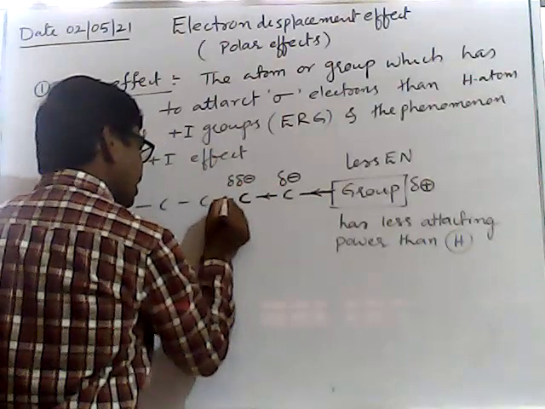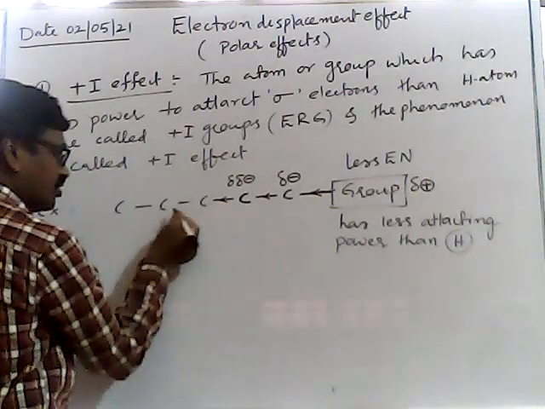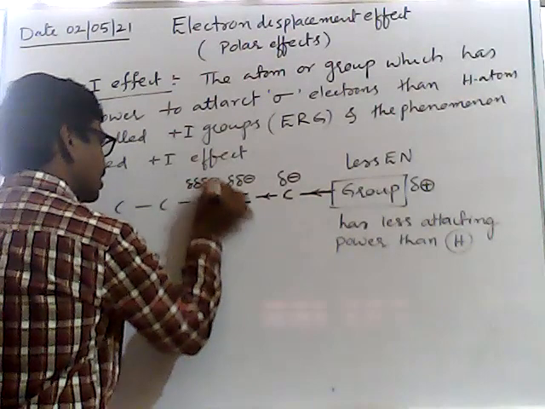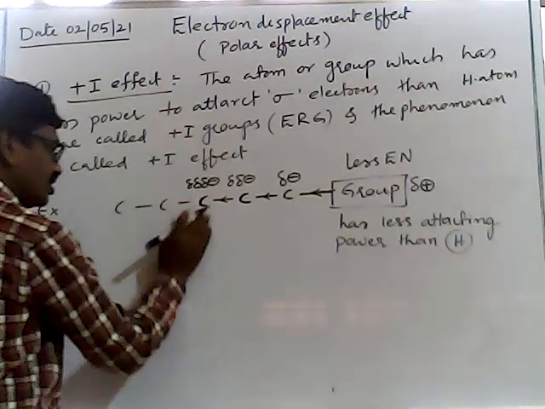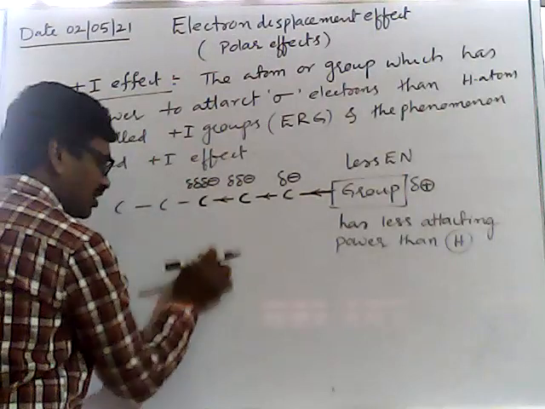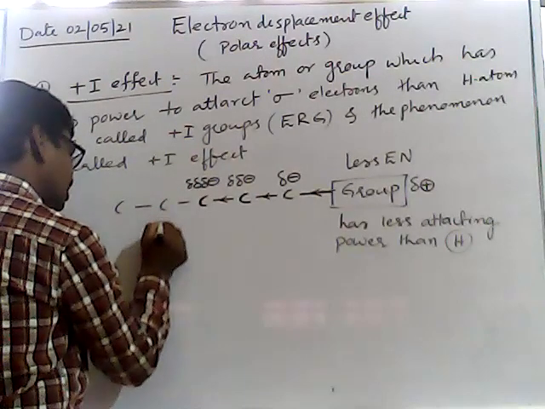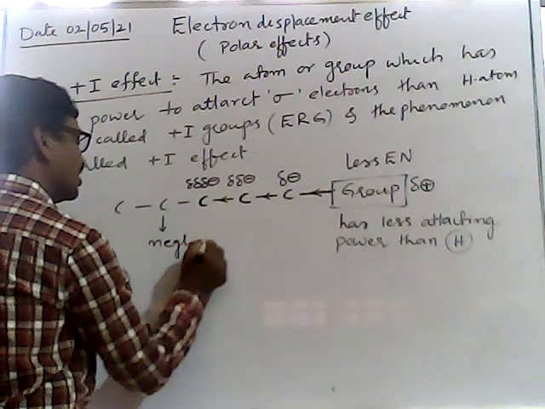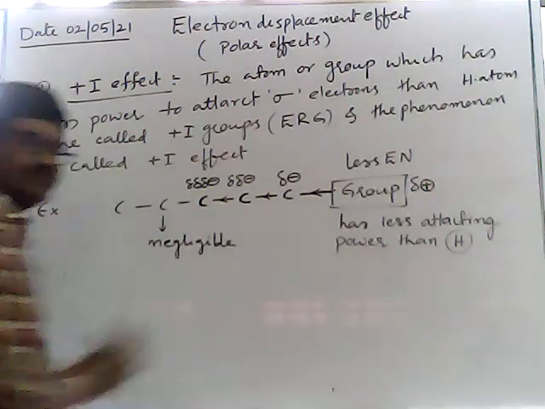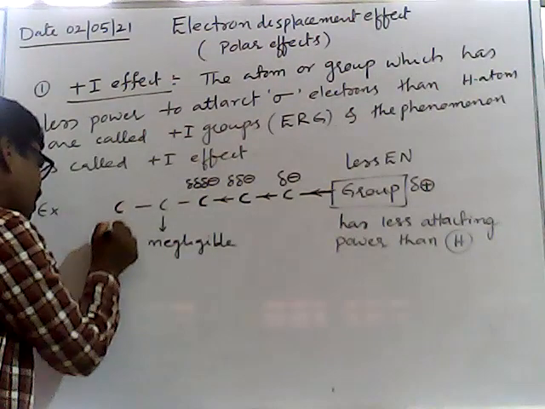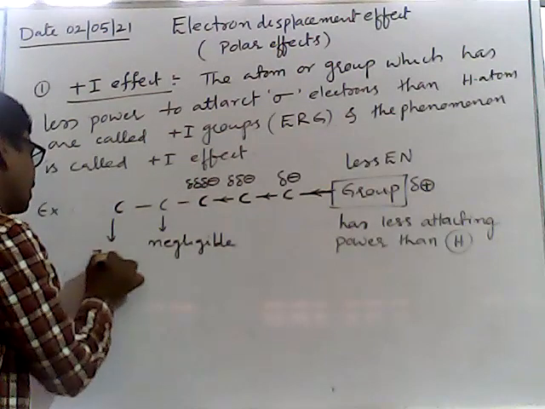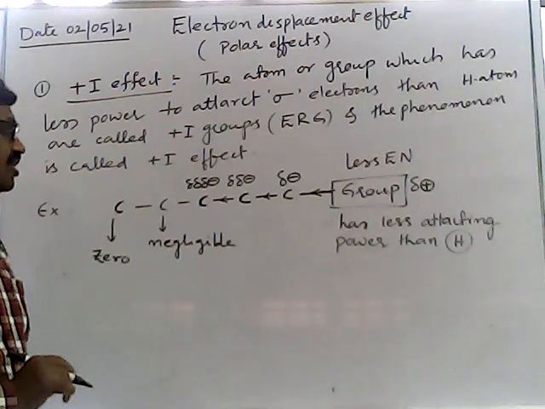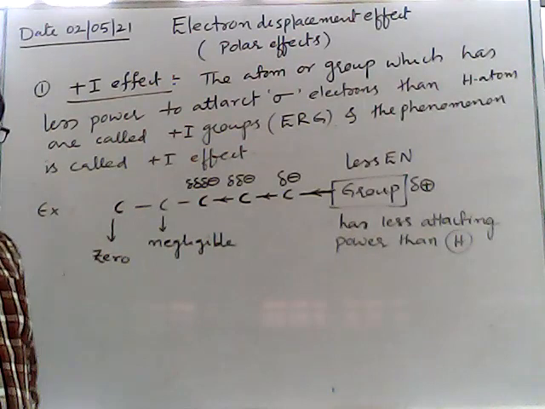Similarly, the sigma electron density comes towards this carbon, so here we can write triple partial negative charge. Here it is very, very less. At the fourth carbon it is negligible, and at the fifth carbon it is almost zero. So this is the diagrammatic representation for plus I effect.